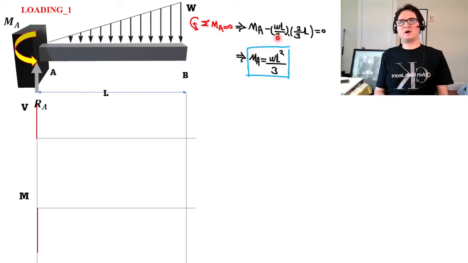So MA minus, convert the triangular distributed load applied to the beam to a concentrated load at the centroid. That applies at 1/3 from the base and 2/3 from A. So that's 2/3 of L, and the value is WL over 2. So MA is a counterclockwise moment, and the parametric value is WL squared over 3.